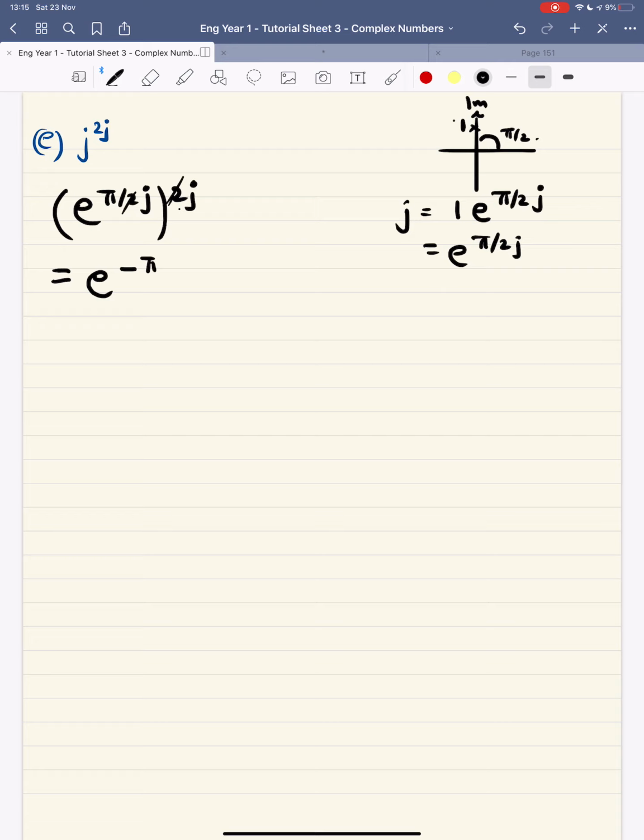Okay. e^(-π). What can we do with that? We could just leave it like that.